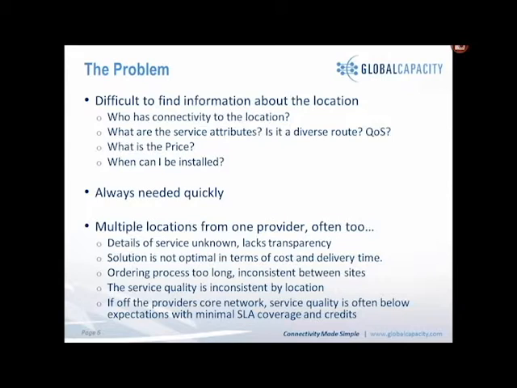Are they using a high volume of video services that needs a quality of service that enables those video services? One of the important pieces moving forward on the enterprise network is understanding your location: who's there and what applications they use, so you can select the best connectivity for that location and better evaluate the price and when it can be installed.